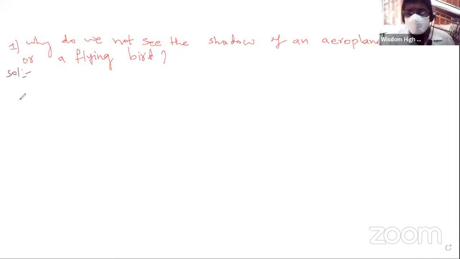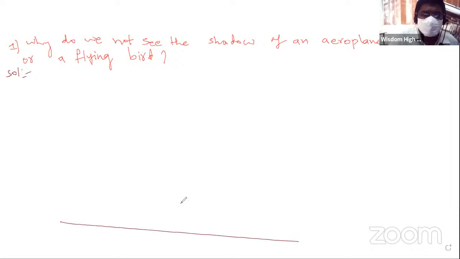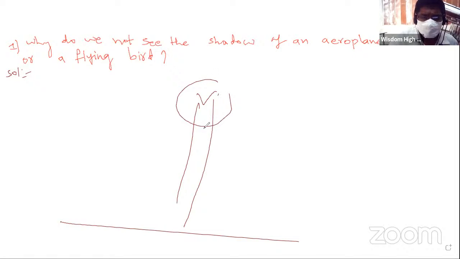But with a flying aeroplane or a flying bird in the air, we may not get its shadow. Why? Say this is the surface of the ground and the bird is flying here. There is a far distance. Its shadow becomes invisible, the shadow vanishes.